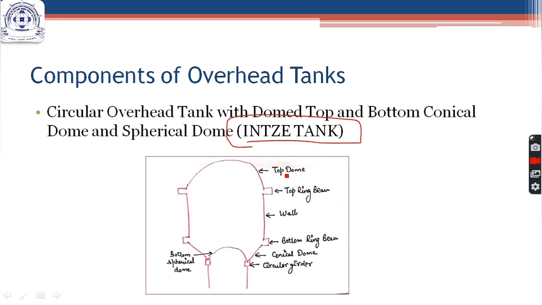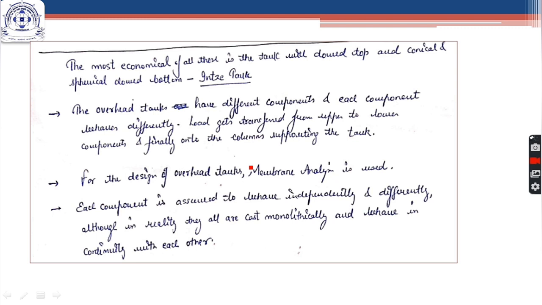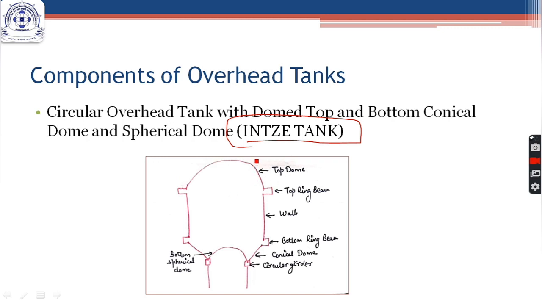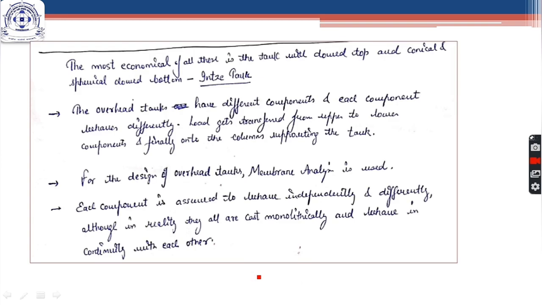As you can see, all the components will behave differently, and the loads acting on these components will also be different. The Intze tank is the most economical of all such types of tanks. The overhead tanks have different components, and each component behaves differently, and the loads get transferred from top to bottom, so the load acting on each component will also be different.